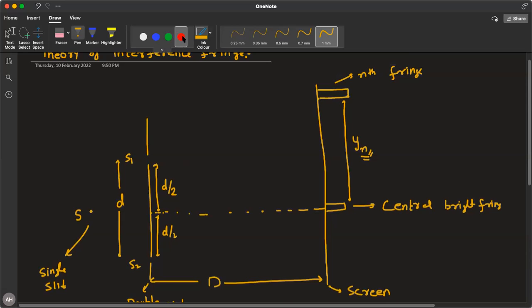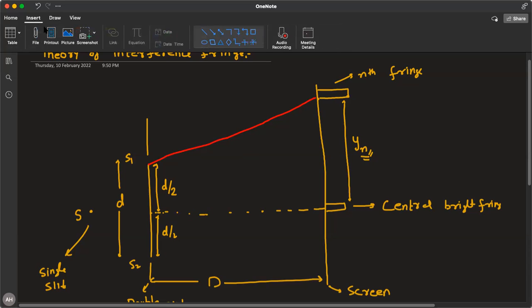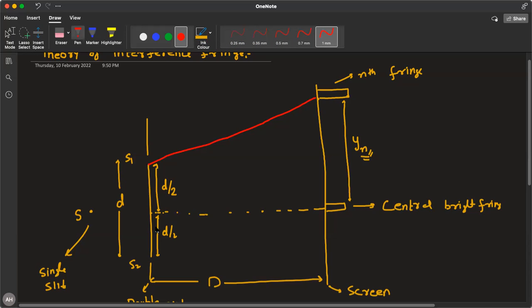So here, the light rays reaching this point are coming from S1, and they are also coming from S2. The light waves are reaching this point from S1 as well as S2.